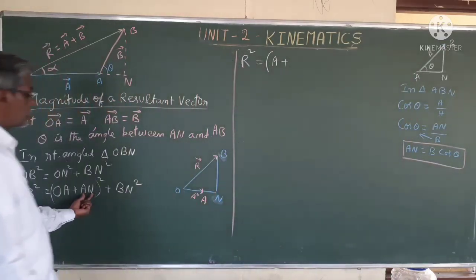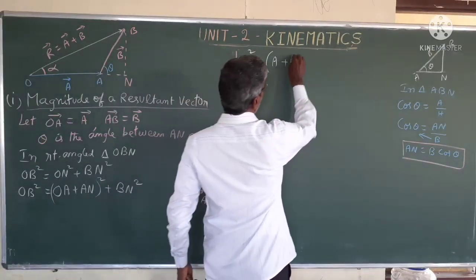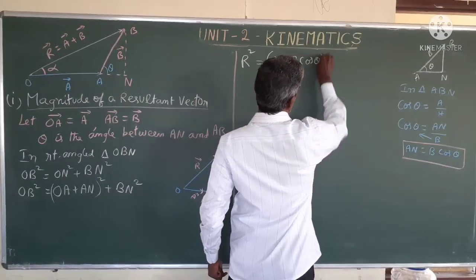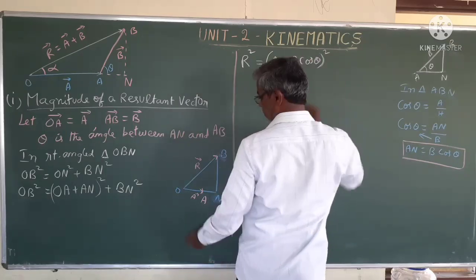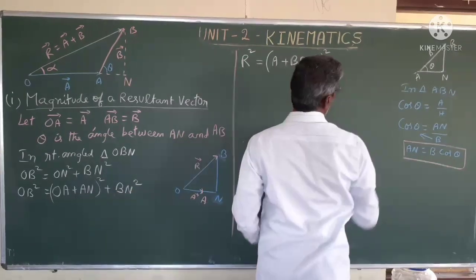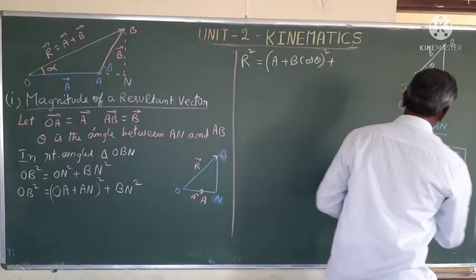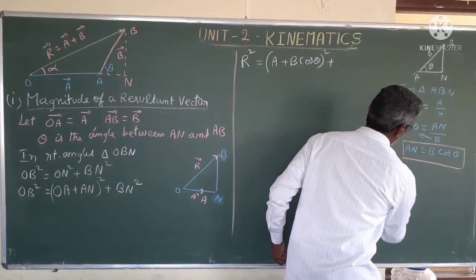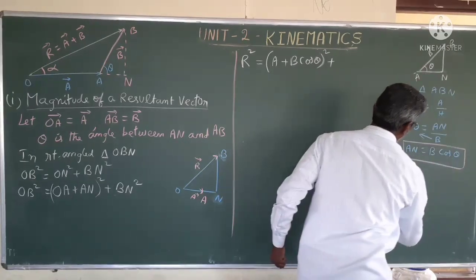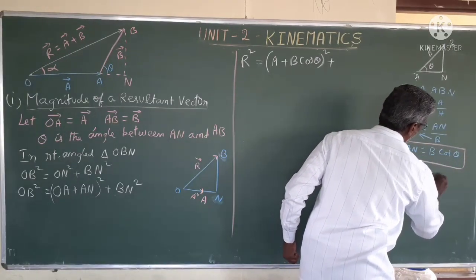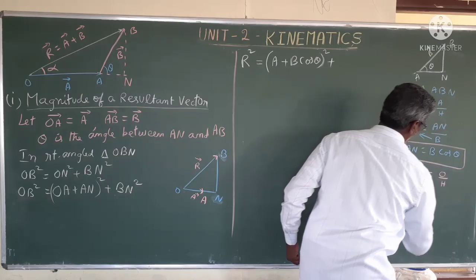So now see here, AN is equal to B cos theta, whole square. Then plus, now I want to calculate BN. So sin theta is equal to opposite by hypotenuse.